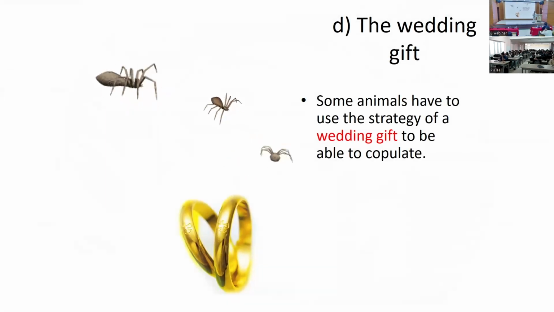Okay, now I need your help because I'm going to show you a clinical case. But you must help me to solve this clinical case. The story is that one. It's a true story. There is a strange animal, which is that one, which is living in the desert of Africa.